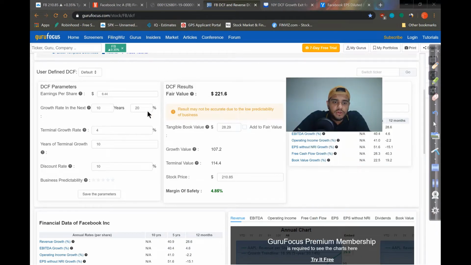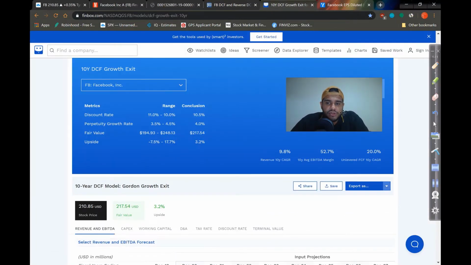Okay, so the next thing you want to look at is the terminal growth rate, and what you can do for that is Google it, right? And if you Google it, the first thing that comes up is actually this on Finbox, which also is another good platform. So you don't need to get your information all from one place. I get them from different places and make sure that they make sense.